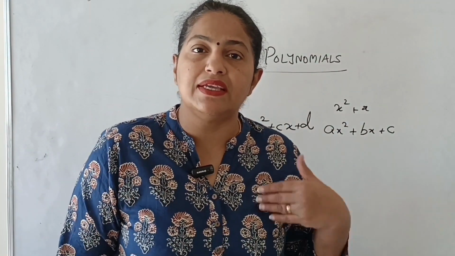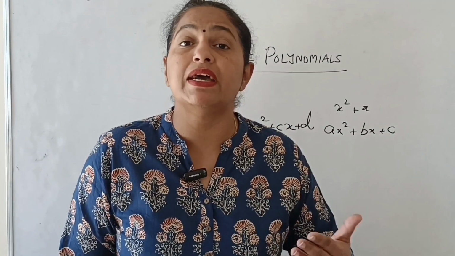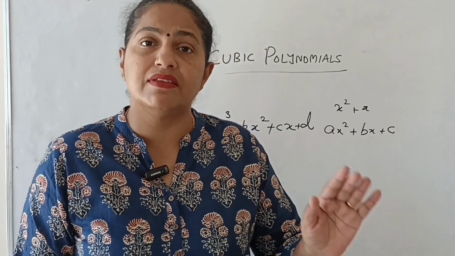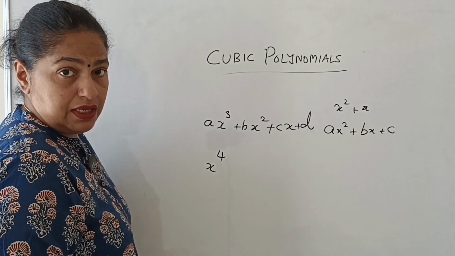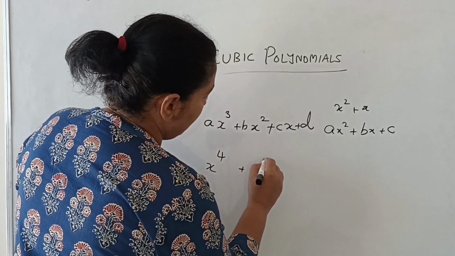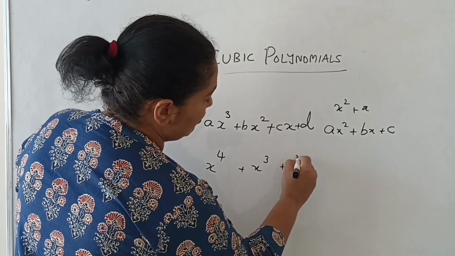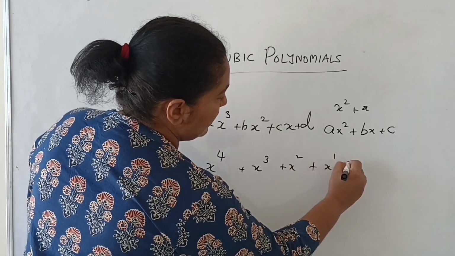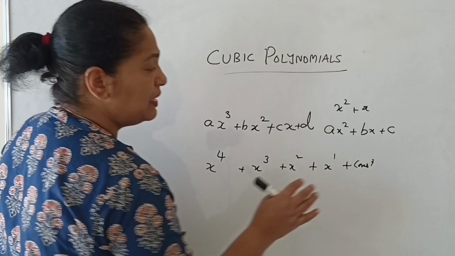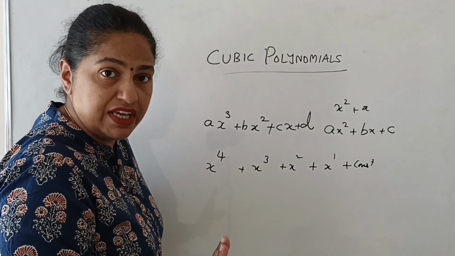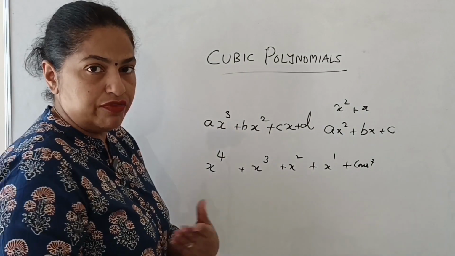So going by this pattern, can I write the general form of a biquadratic polynomial in x? Let us see how it works. It should have a power of 4, it should have a power of 3, it should have a power of 2, it should have a power of 1, and it should have a constant term also. So I am going to write it here as a constant term. We will put the suitable variable over here. I need to give the coefficients also.